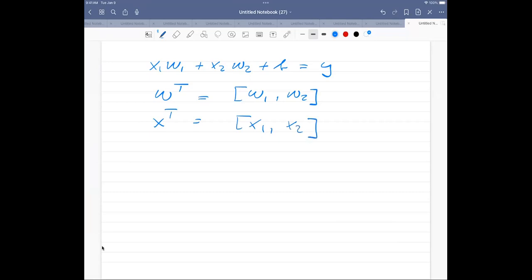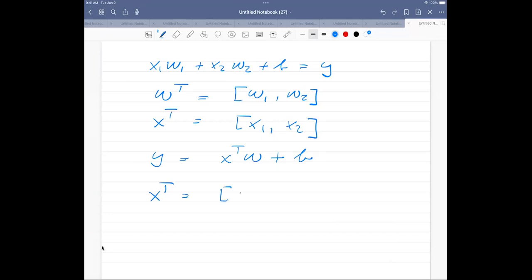And then I have this bias parameter. So my y can be written out in terms of the inner product of these two vectors plus b. And this is now the function which I want to approximate, to fit with the data which I have.